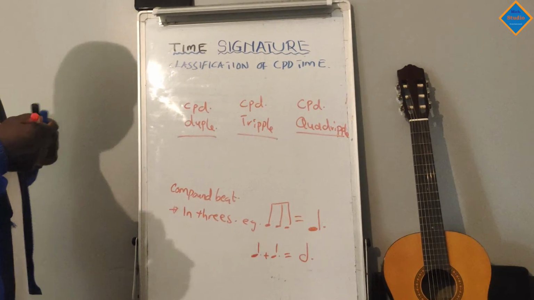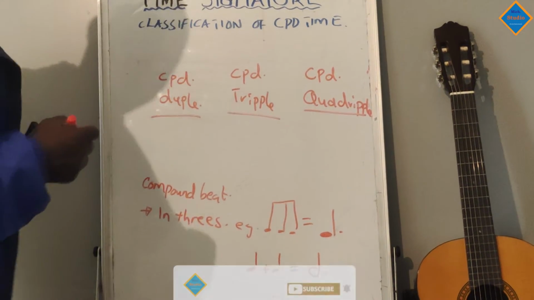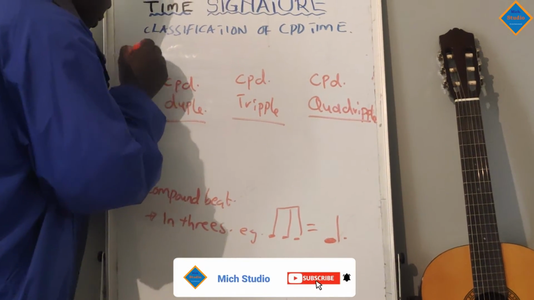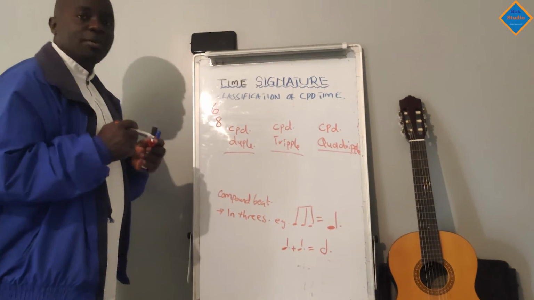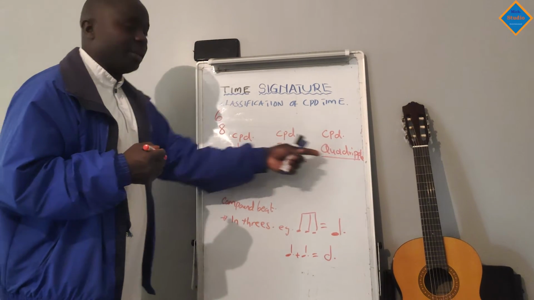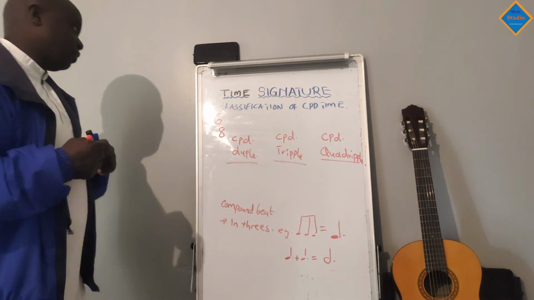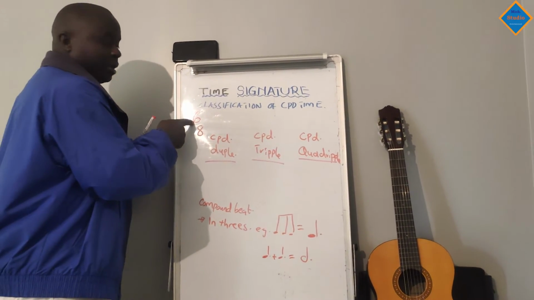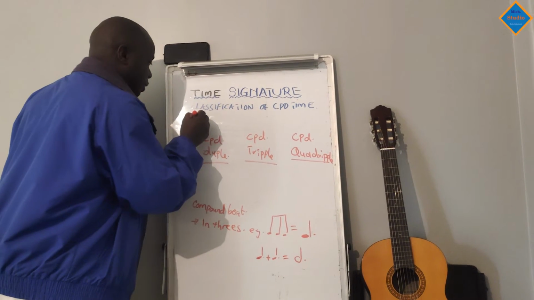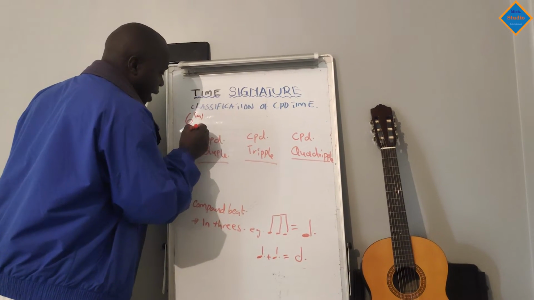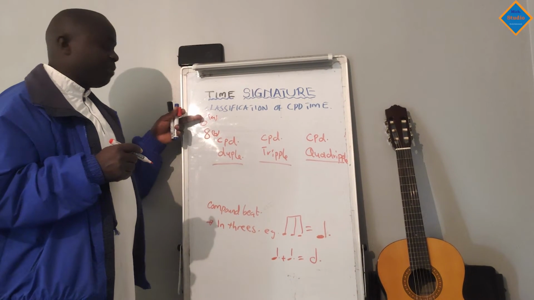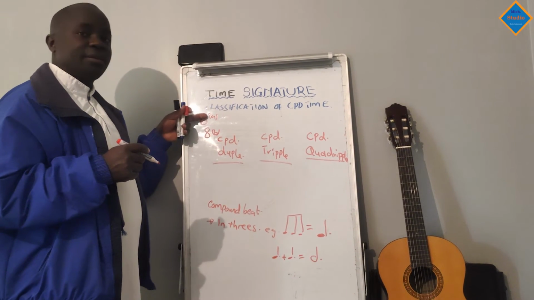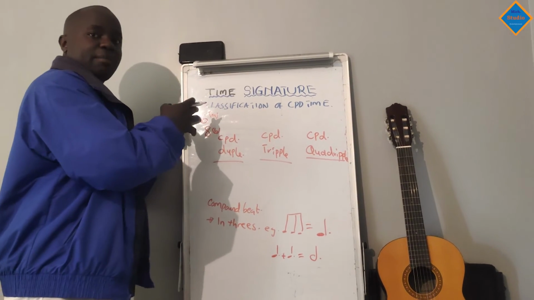Now, for example, in 6/8, this kind of compound time signature, where does it qualify to be? Actually, the name is derived by considering the way the beat is behaving on grouping the upper number.